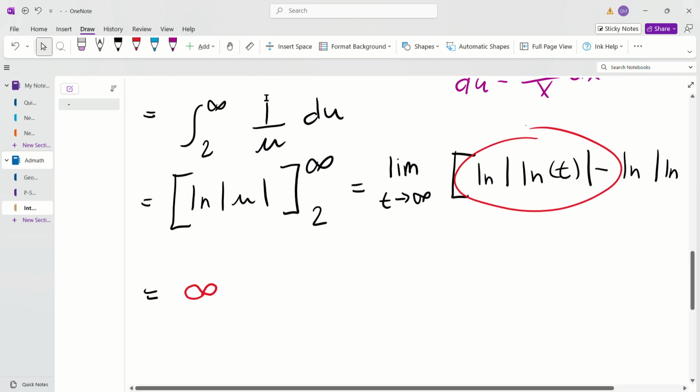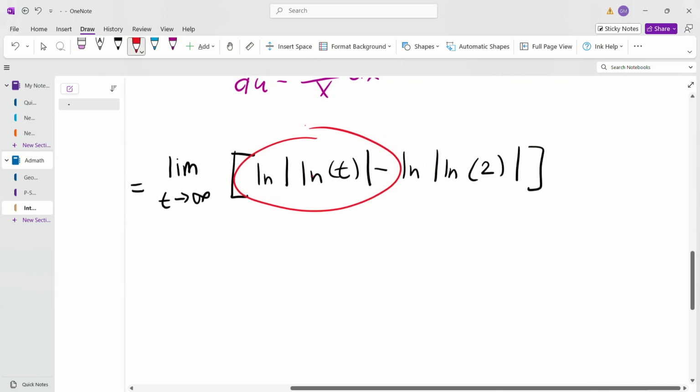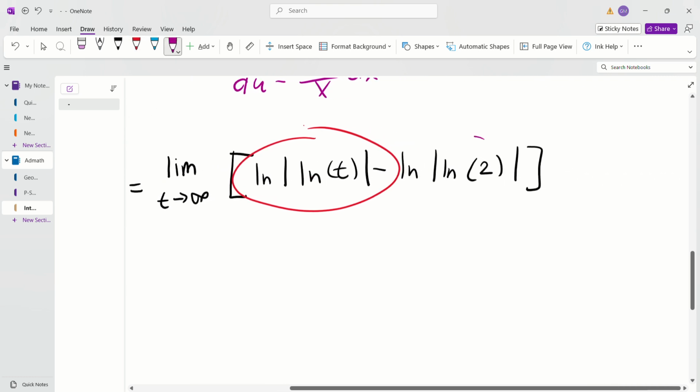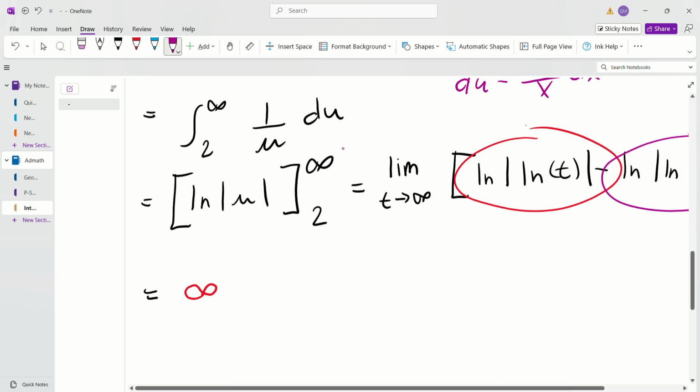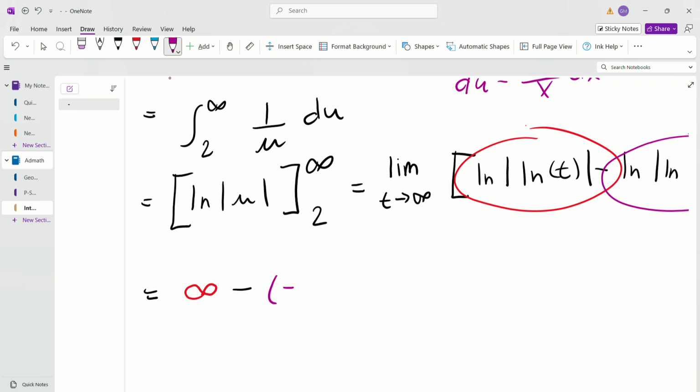For the second, ln of 2, the answer is about 0.3665.